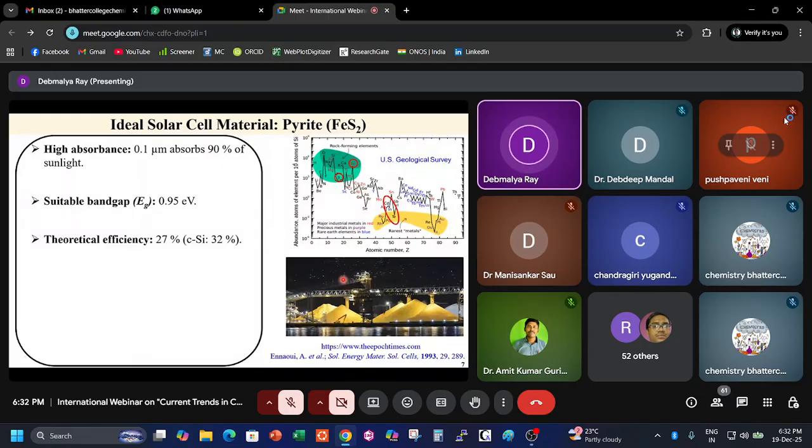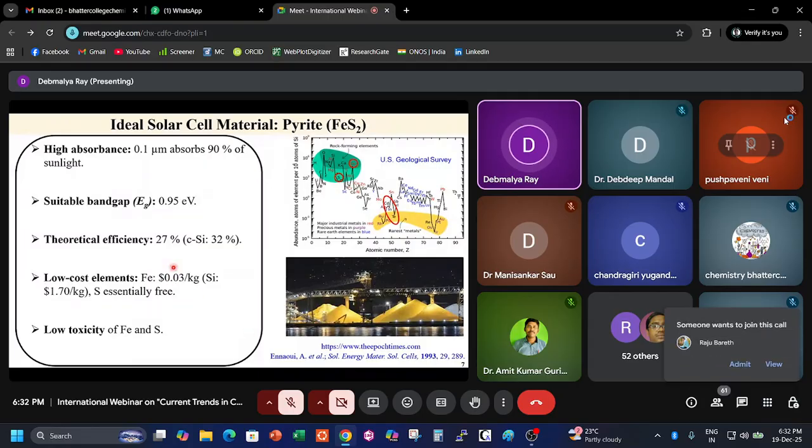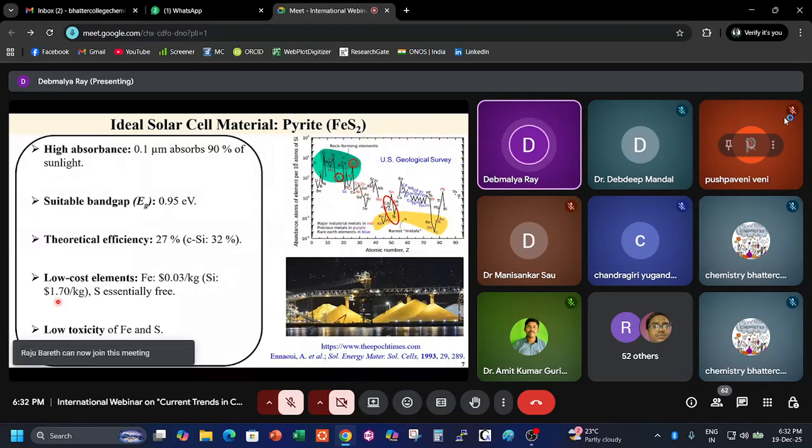Remember, the band gap of silicon is 1.1 eV, and silicon is also an indirect band gap semiconductor. Now, the theoretical efficiency of iron disulfide is 27%, whereas for crystalline silicon it is 32%. And as I said, iron is very cheap. It's only about $0.03 per kilogram compared to the cost of silicon, which is about $1.7 per kilogram. And sulfur is basically free.